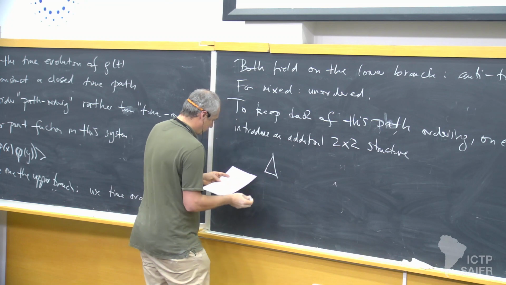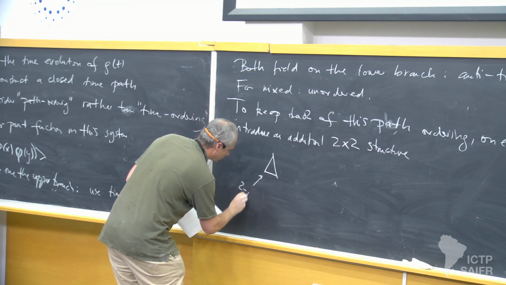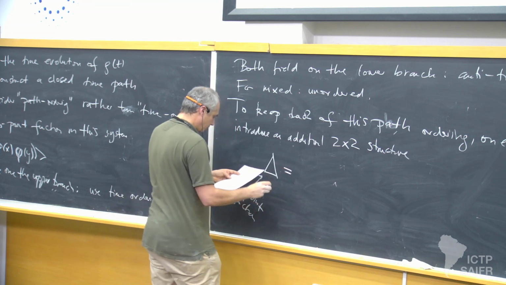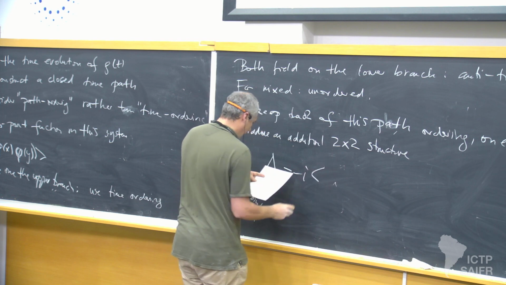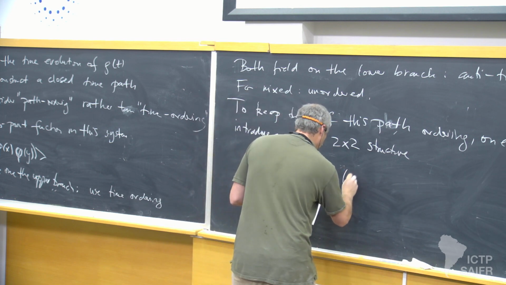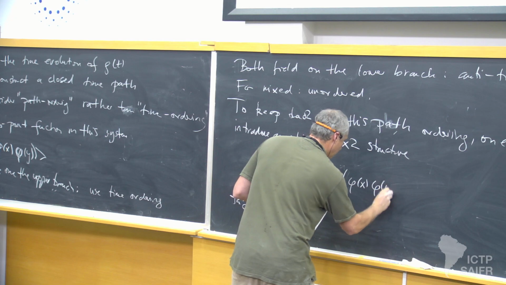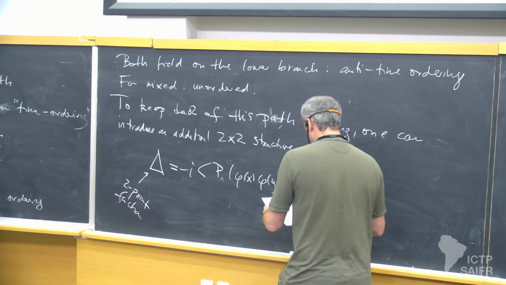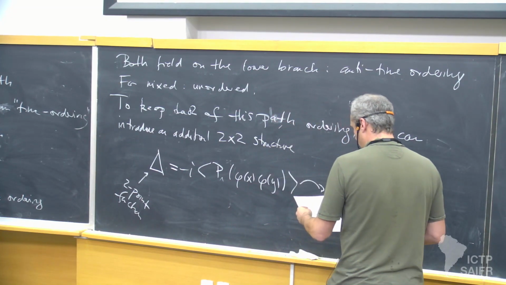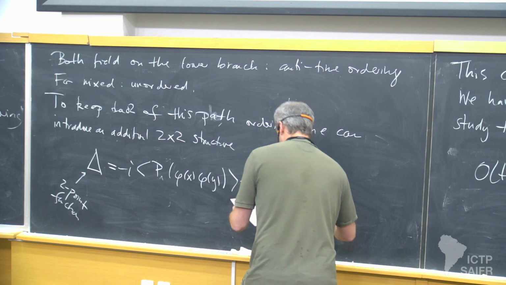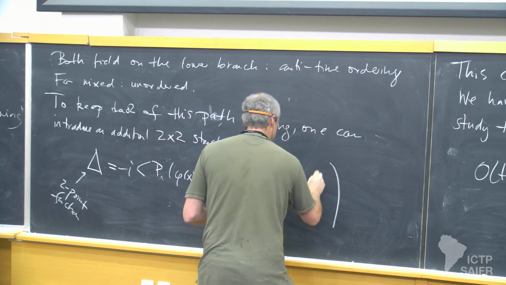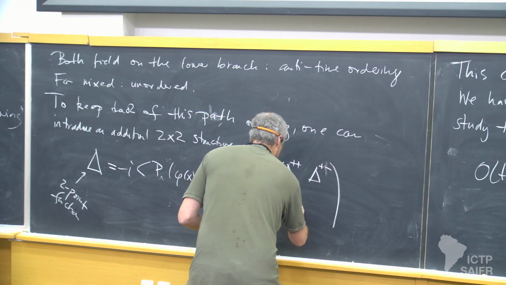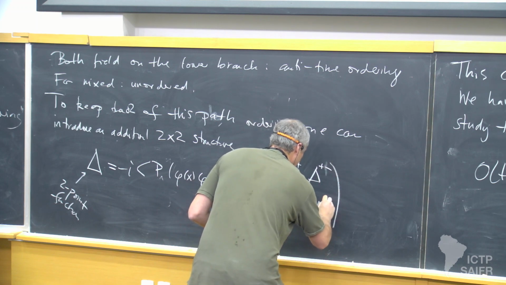Well, this guy, which is my two-point function, which is just defined as minus i, the path ordering of these two fields, I would now like to write this guy with a 2x2 structure, such that I have delta plus plus, delta plus minus, delta minus plus, and delta minus minus.